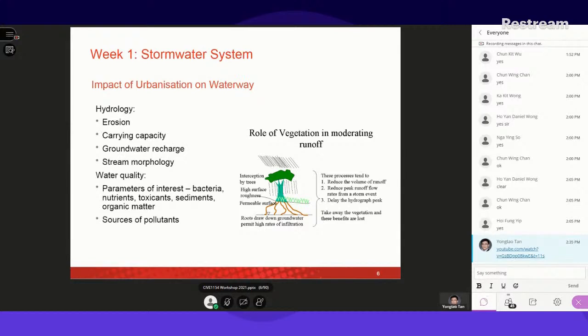So where do the pollutants come from? Such as smoke from bushfires. Bushfire is very common in Australia. Every year there will be bushfires in the dry seasons.